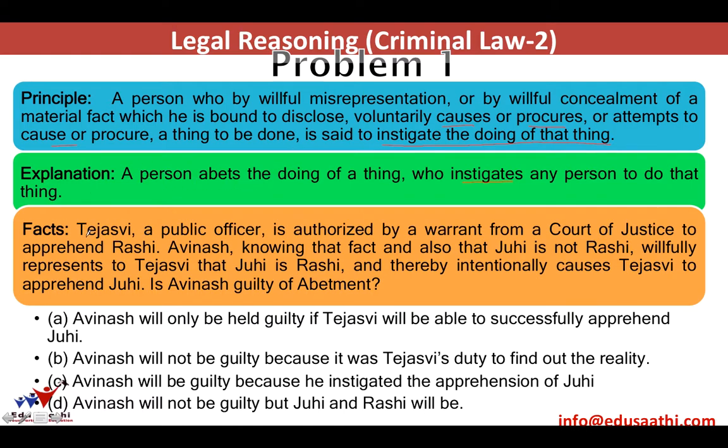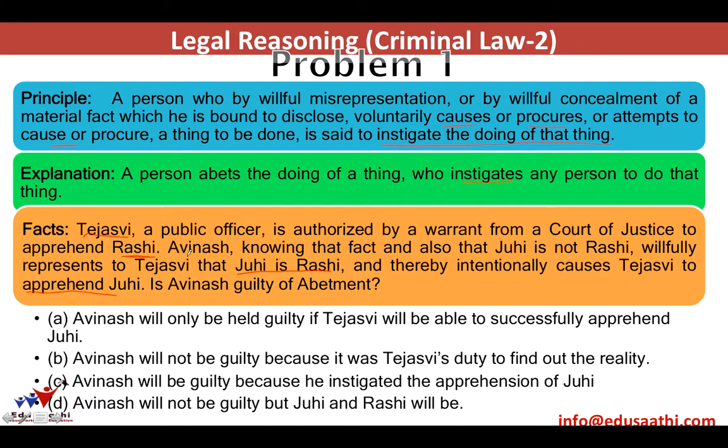The facts of the case are: Tejasvi, a public officer, is authorized by a warrant from a court of justice to apprehend Rashi. So she has come to arrest Rashi. She is a public officer given authority by a court of law. Avinash, knowing that fact, and also that Juhi is not Rashi, willfully represents to Tejasvi that Juhi is Rashi, so he intentionally causes Tejasvi to apprehend Juhi.